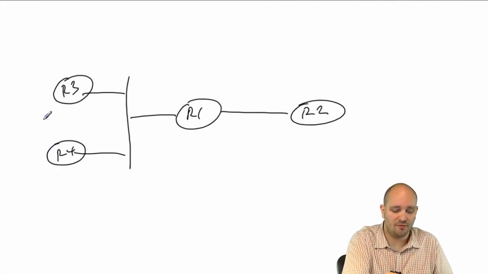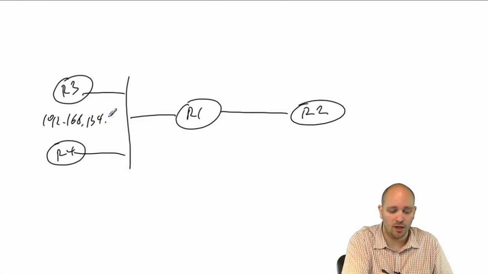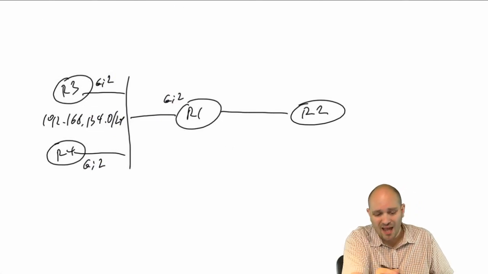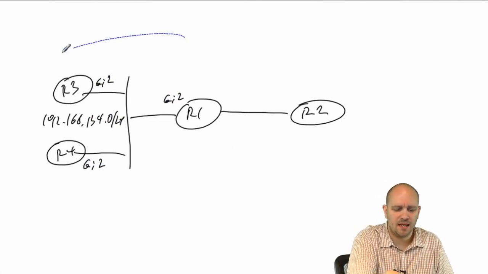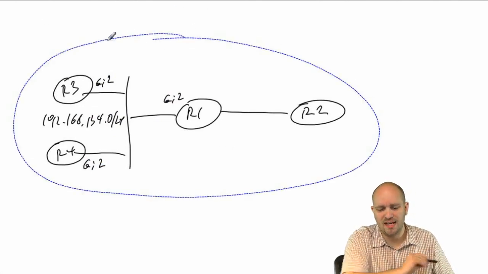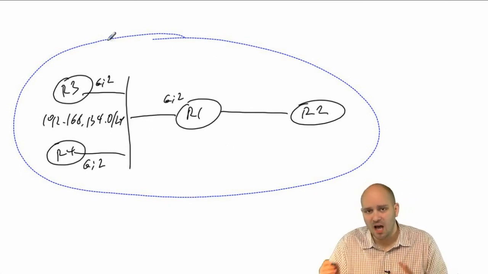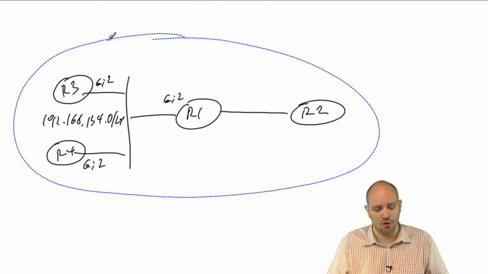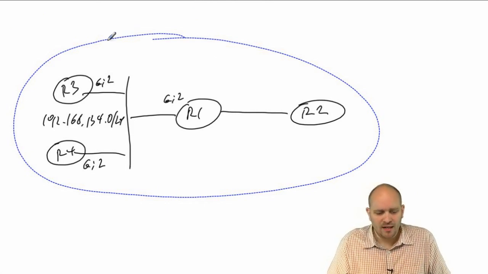So what I'm going to have here is 192.168.1.3.4.0, and it's going to be /24, and this is going to be gigabit interface 2, and gigabit interface 2. And this is all going to be in a single area, so I'm not yet going to be looking at any additional areas. Not yet. I will introduce other areas later on, but for now, this will do.